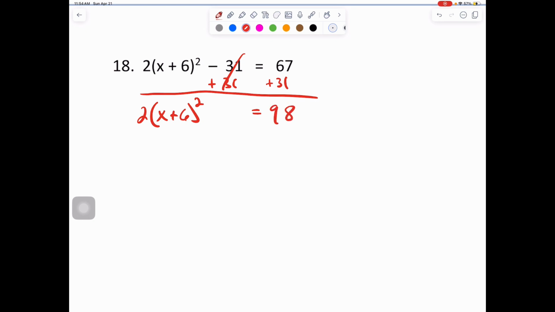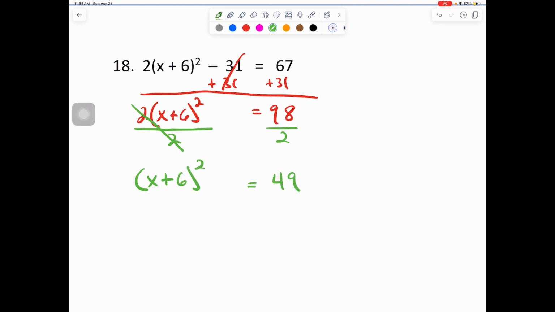Great job. All right, now, if we would distribute that 2, that would tell us to multiply. What can we do? We can divide by 2. And what we do to one side, we do to the other. And when we do that, we're just going to simply, boom, kind of get rid of that. And then we're going to bring down our x plus 6 squared equals 98 divided by 2 is 49.